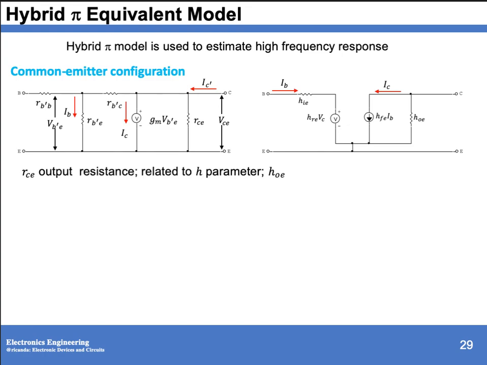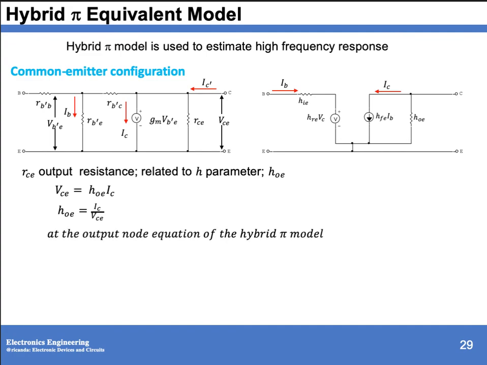For RCE, which is the output resistance, it is related with your HOE in your hybrid model. If you solve for your VCE in your hybrid model, HOE is equal to IC over VCE. At the output node equation of the hybrid pi model, we have to solve for your IC.